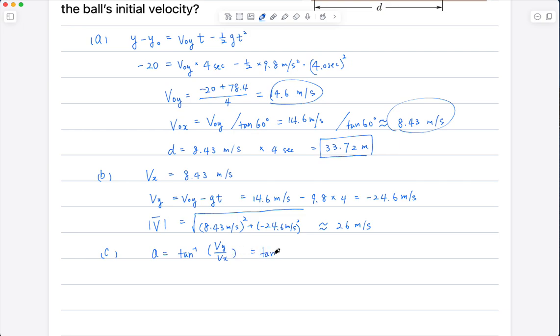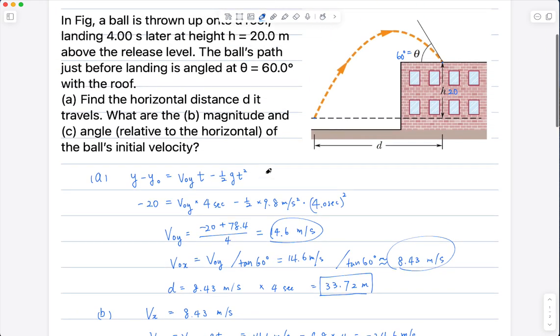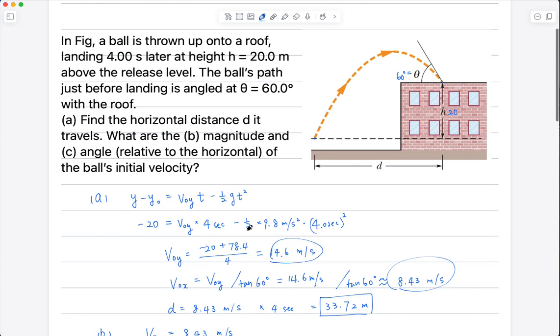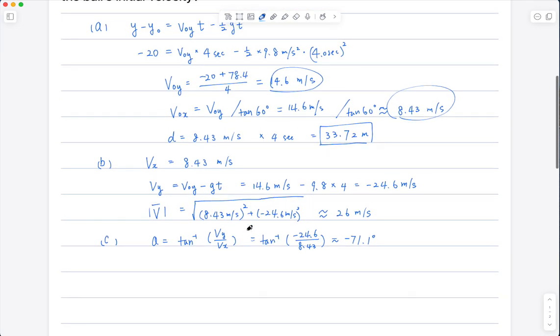Therefore, arc tangent of negative 24.6 over 8.43 gives an angle of negative 71.1 degrees. That finishes all three questions they're asking. So the answer for B is 26 meters per second, and the angle is 71 degrees.